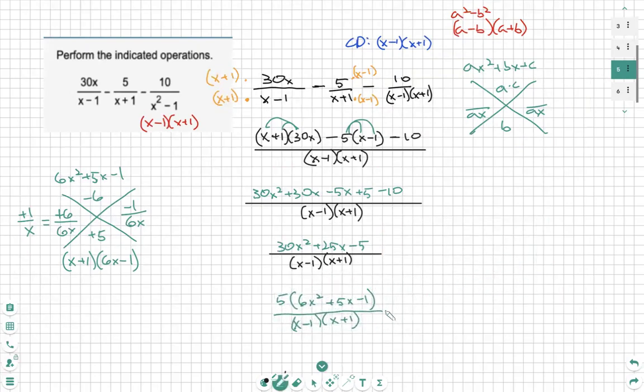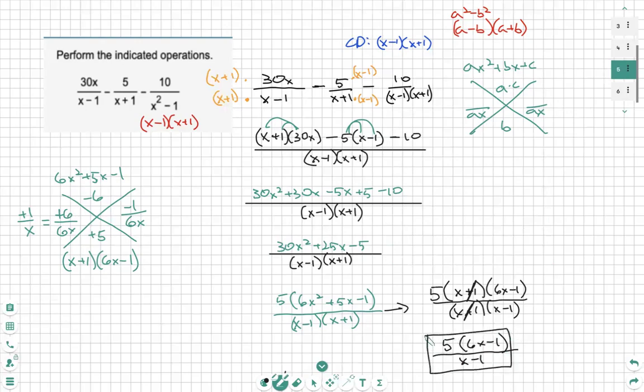This is going to be rewritten as 5 times x plus 1 times 6x minus 1 all over x plus 1, x minus 1. And we can see that the last step would be to cancel those x plus 1s, and we have our answer as now finally 5 times 6x minus 1 all over x minus 1.